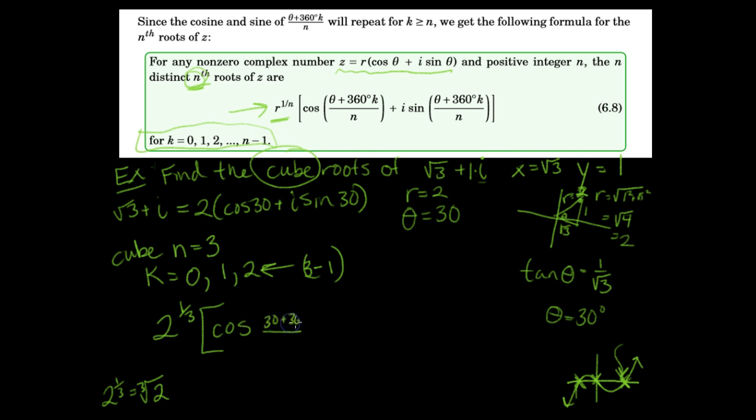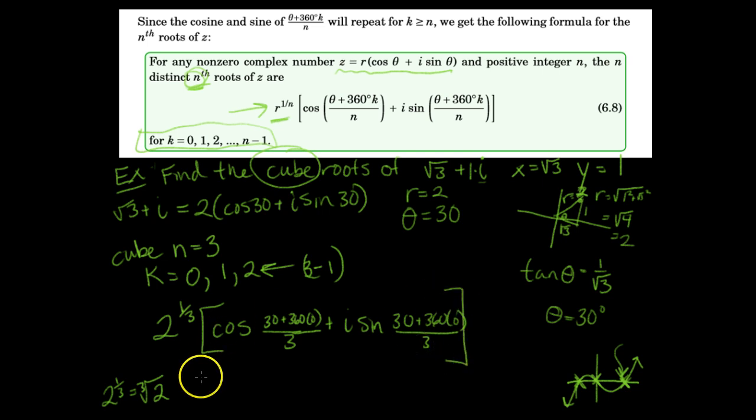plus 360. Now k is 0 to begin, so for the first root it's 360 times 0, so it's just your 30 there, over n, which is 3. And then we have plus i sine, and it's the same thing: 30 plus 360 times 0 over 3.